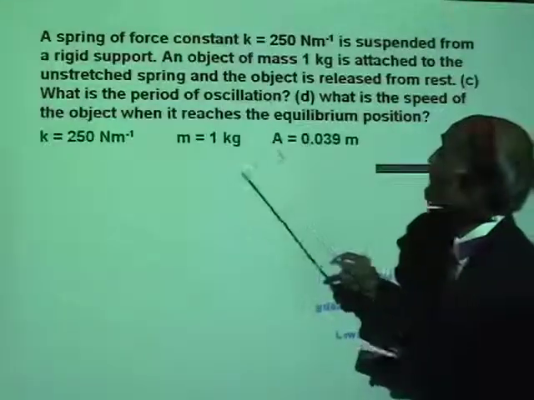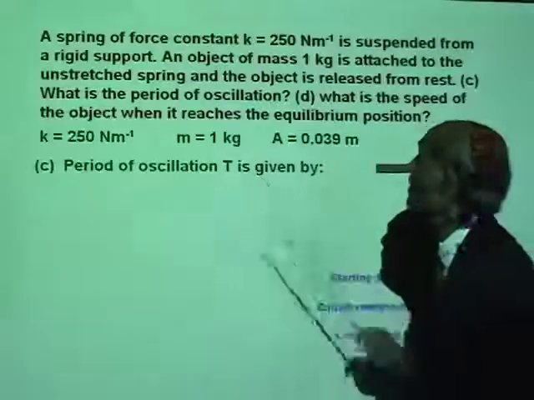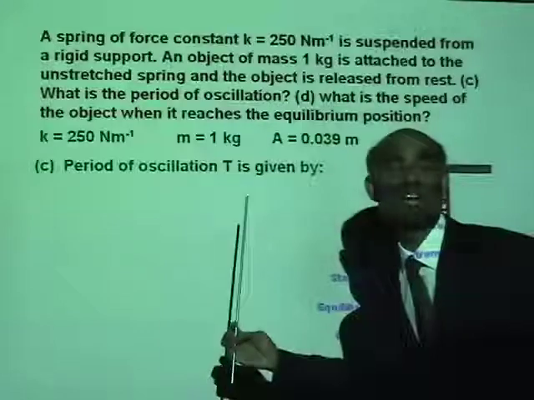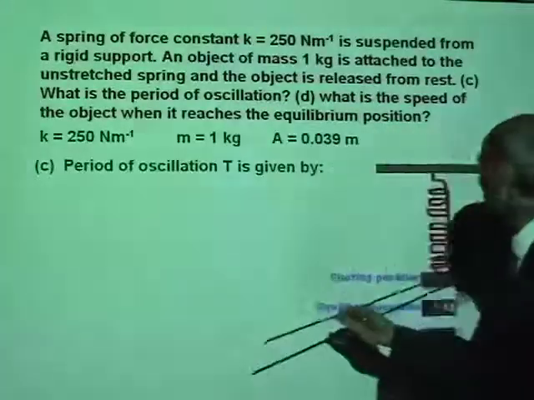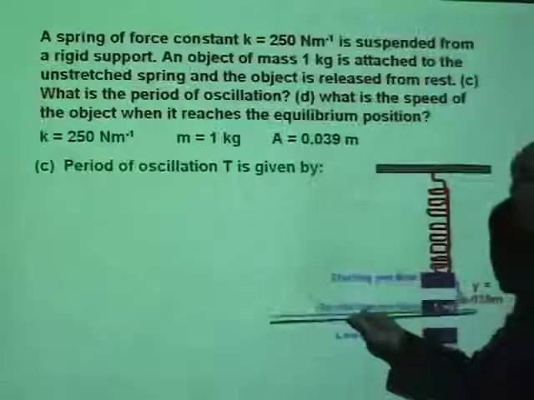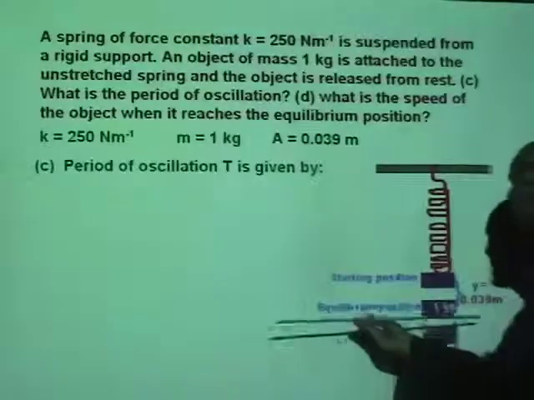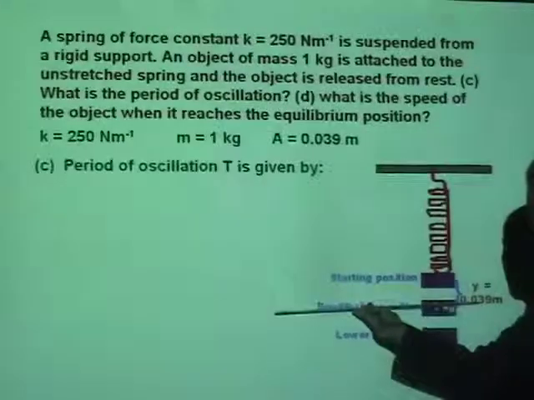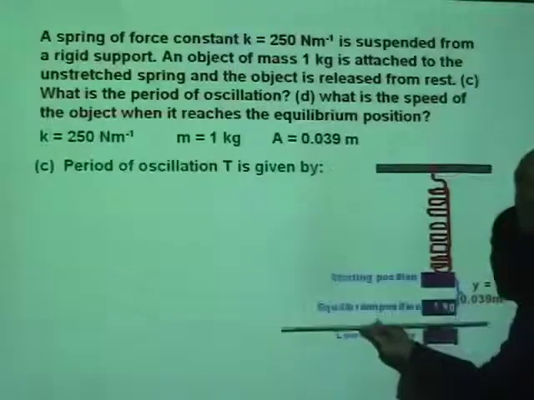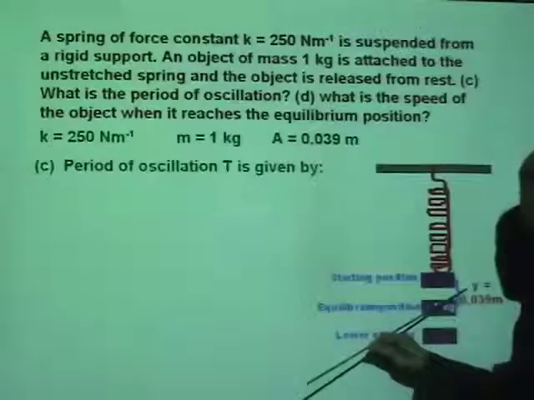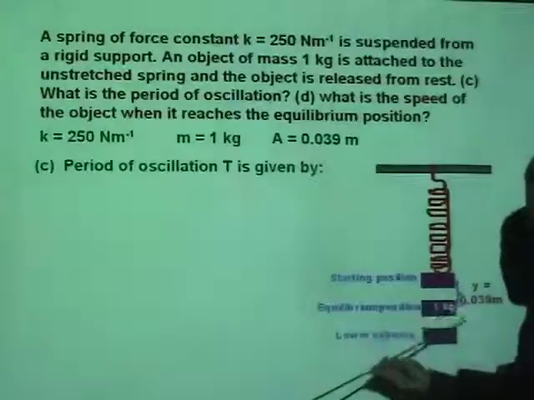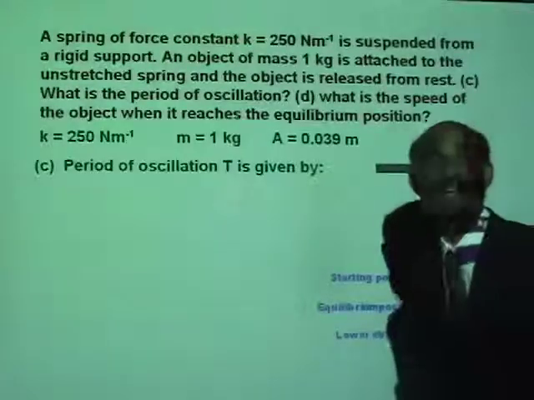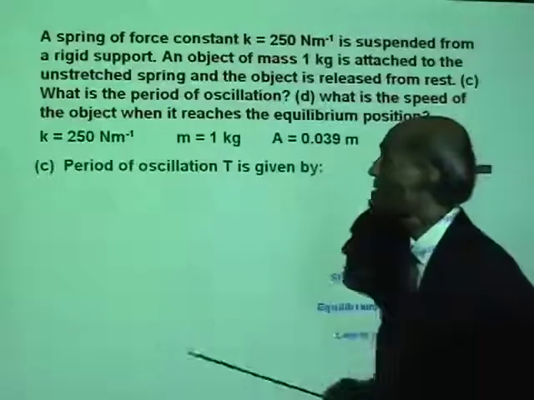By the way, I haven't actually done that using energy conditions. You will be good enough in answering that B part, saying that the distance from the starting position to the equilibrium will be the same as the distance from the equilibrium to the lower extreme, so that the total distance from the starting position to the lower extreme will be 0.078 meter.